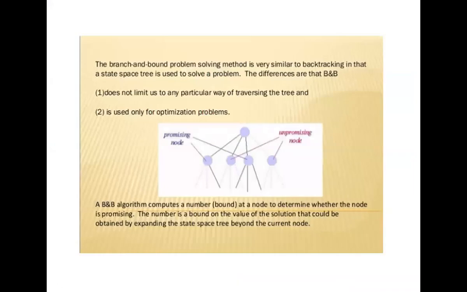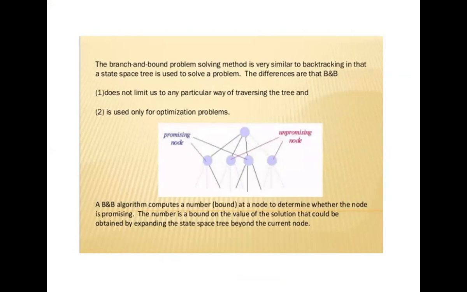A branch and bound algorithm consists of forming a rooted tree where the root is the full set of candidate solutions. You already know the state space tree. In the same way we follow one root node and construct the tree.